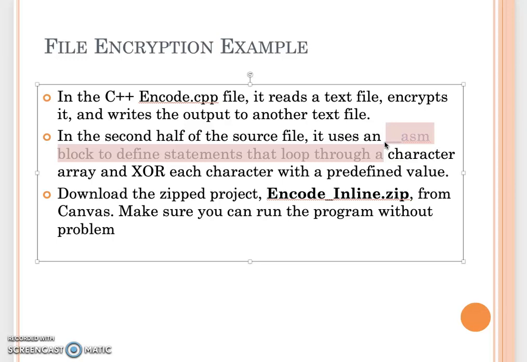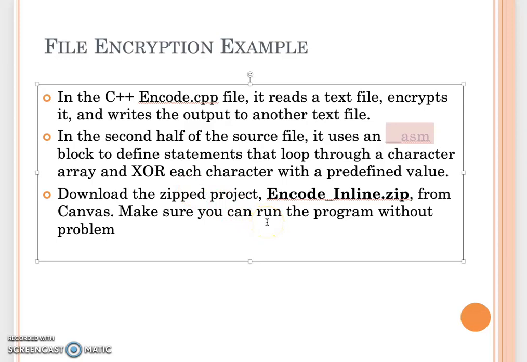When you run this code, at the beginning we ask the user to enter a number between 0 and 255, and we use it as the encryption code. Then we read character by character from our input text file, and inclusive OR each letter with the encryption code. Here we use the ASM code block to work on the inclusive OR operator.